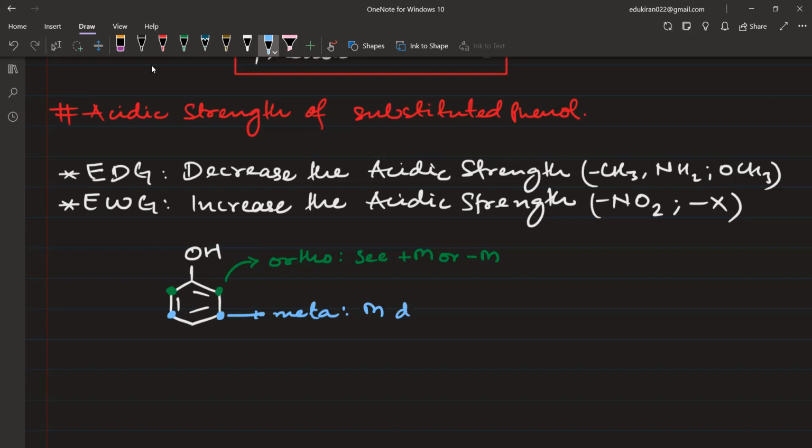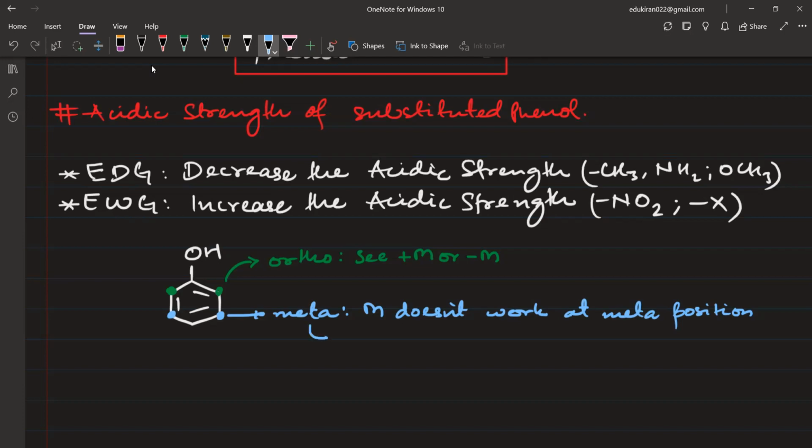That means mesomeric effect doesn't work at meta position. I think you will remember this from the haloalkane, haloarene chapter. We saw that when we are going to put an electron withdrawing group, it should be in ortho or para, plus M or minus M. Both do not work at meta position.